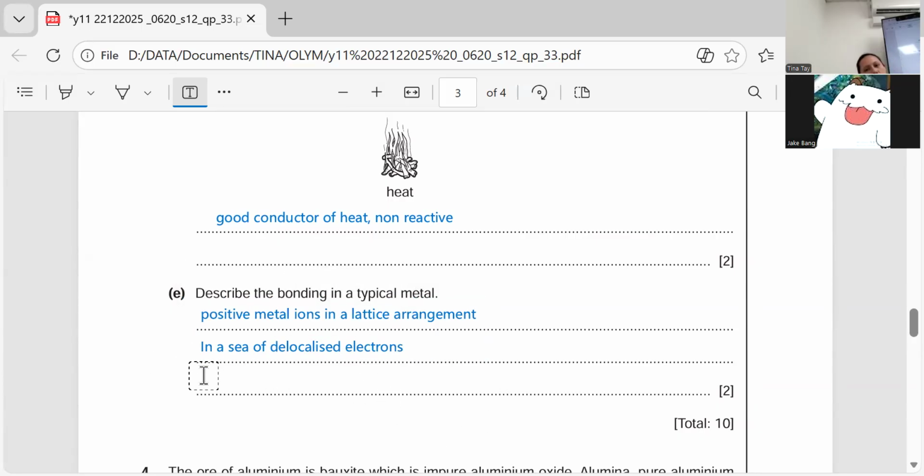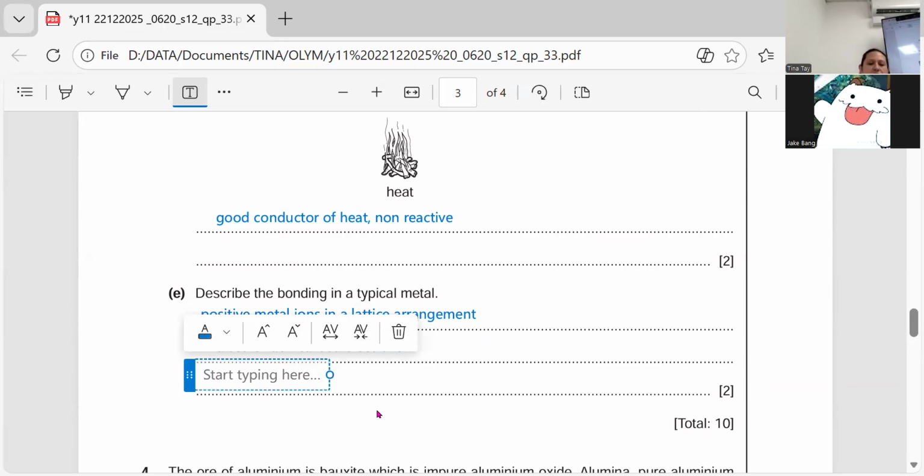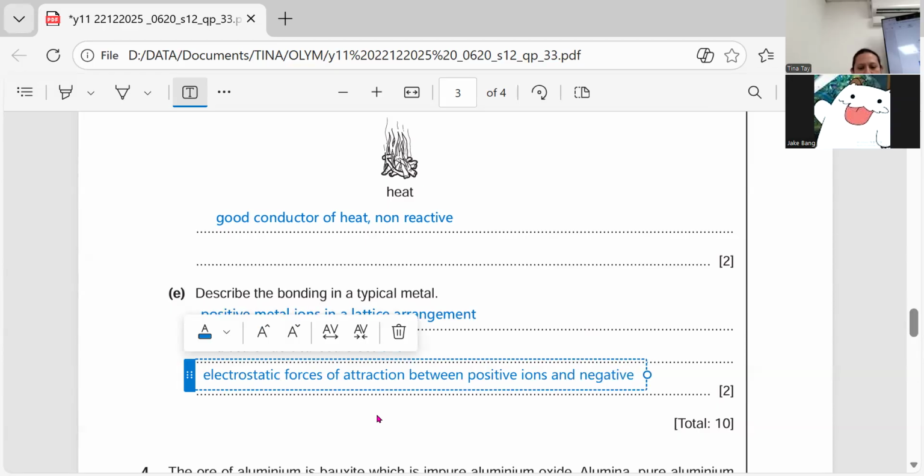What is the bond? Electrostatic forces of attraction between positive ions and negative electrons.